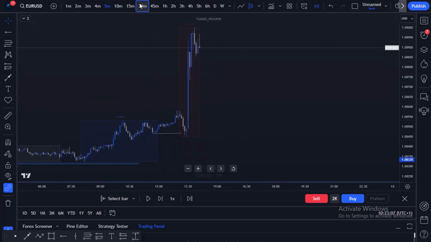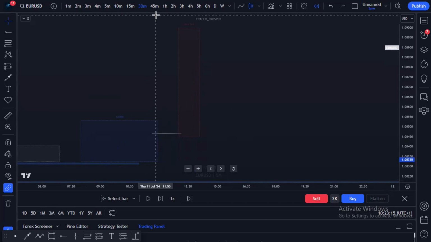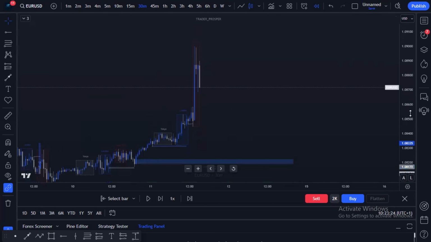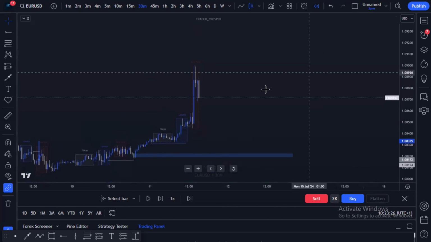Friday setup. Go back to the 30-minute time frame and play this really quick. Oh gosh, my network. Okay, check this out. Sorry guys, my network is kind of slow.